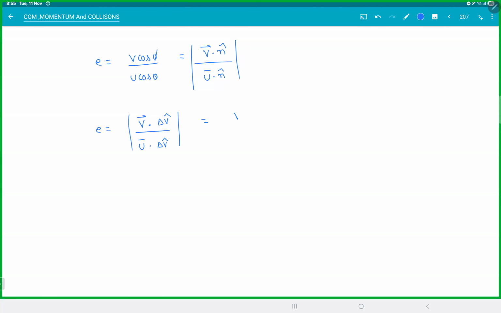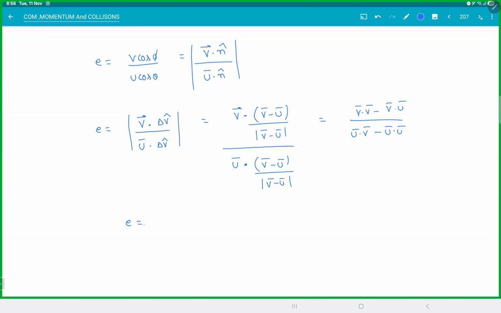This is v bar minus u bar by mod v bar minus u bar, dot v bar, by u bar dot v bar minus u bar by mod v bar minus u bar. The denominators will cancel. That will become v bar dot v bar minus v bar dot u bar over u bar dot v bar minus u bar dot u bar.